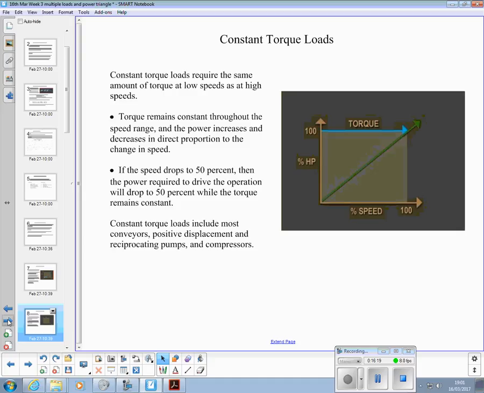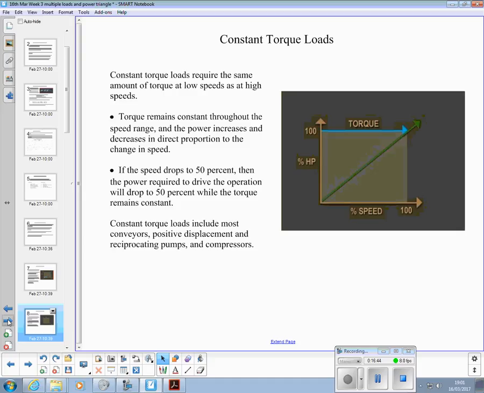Constant torque loads require the same amount of torque at low speeds as at high speeds. So the torque remains constant throughout the speed range. Power increases and decreases in direct proportion to the change in speed. So if the speed drops to 50%, the power required to drive the operation will drop to 50%, whilst the torque remains constant.